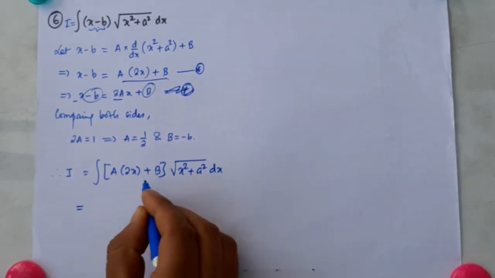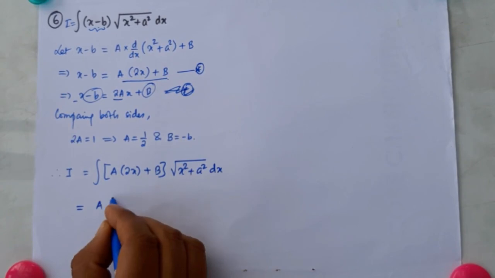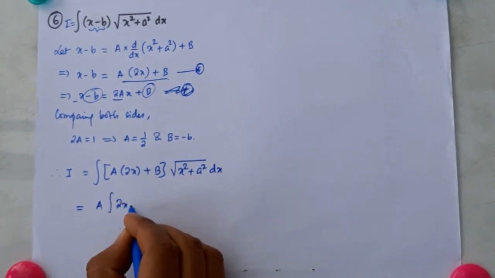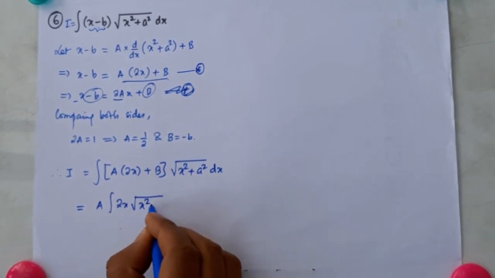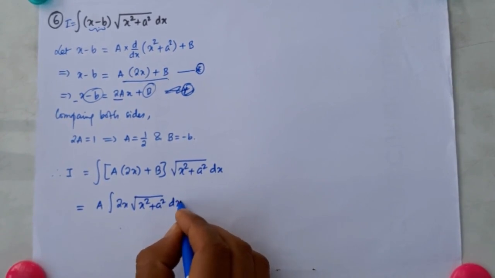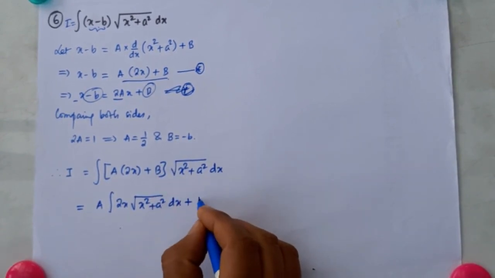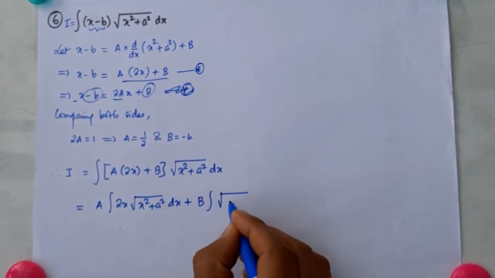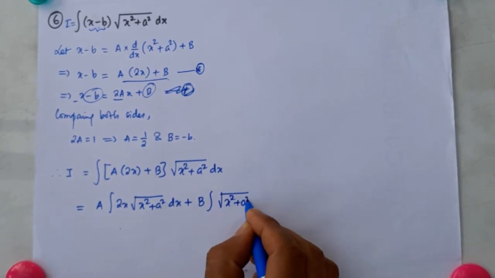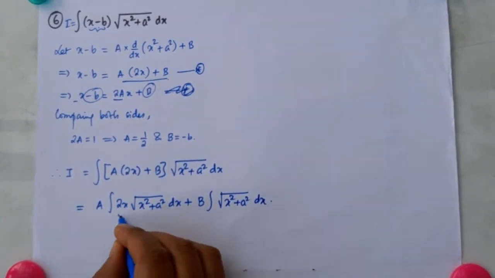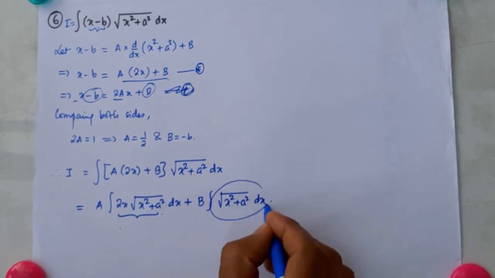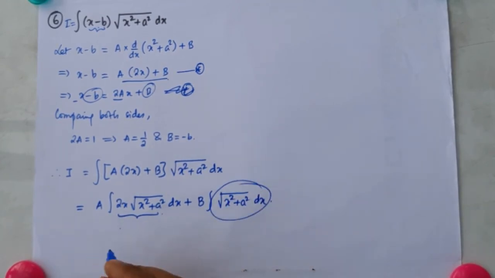Again a is a constant, can be kept outside, so this becomes 2x square root of x square plus a square dx, plus this b is a constant, so can be written as this much. I'll just show you this part. This is a direct formula, you will do by yourself.